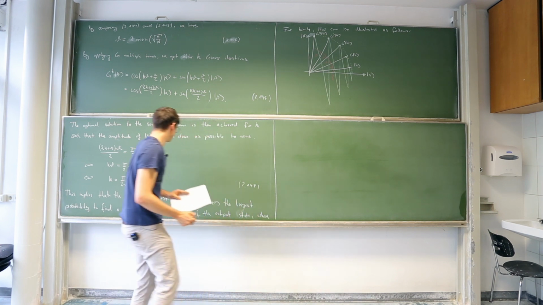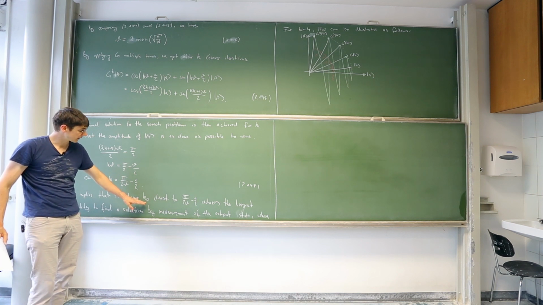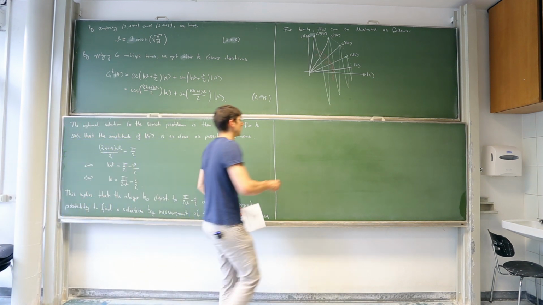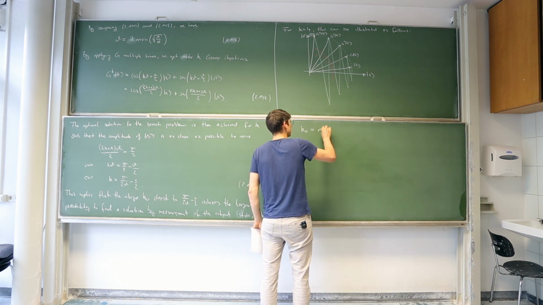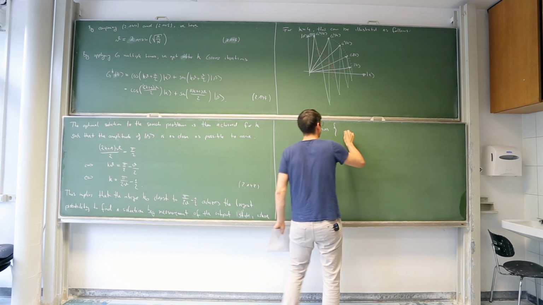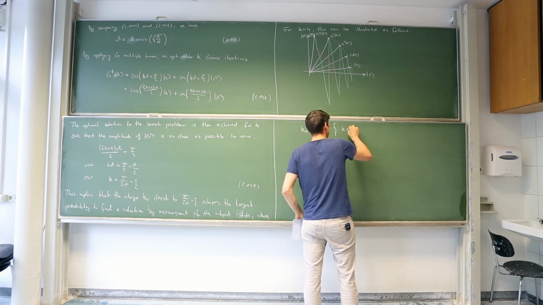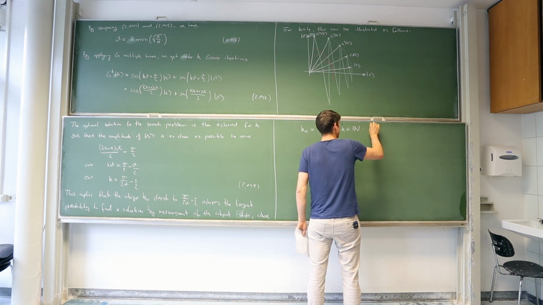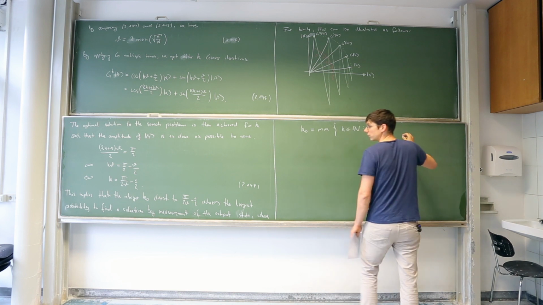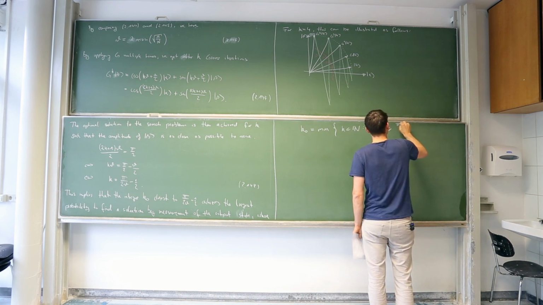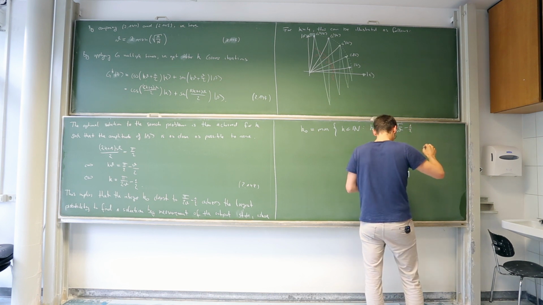We can now give an explicit expression of this k naught. So k naught is the minimum of k in N such that k plus 1 half is greater or equal to pi divided by 2 theta minus 1 half.